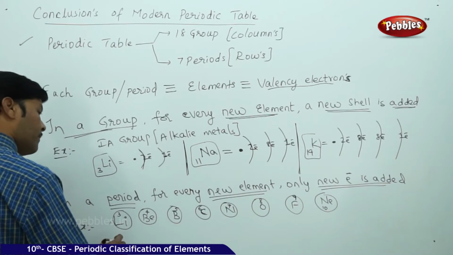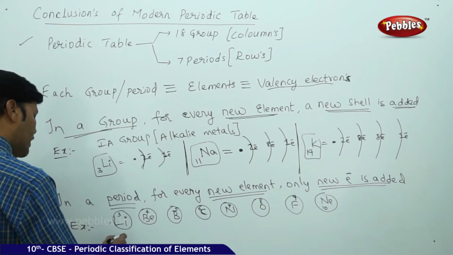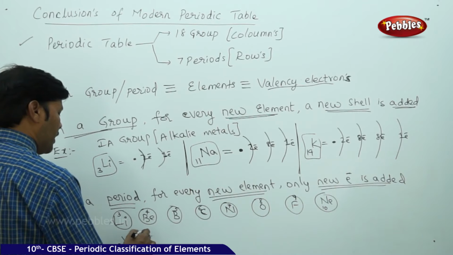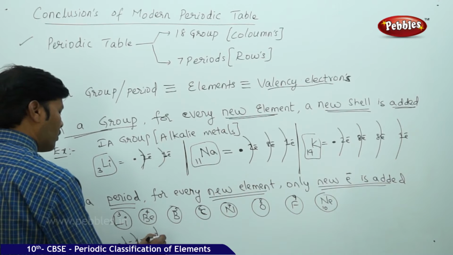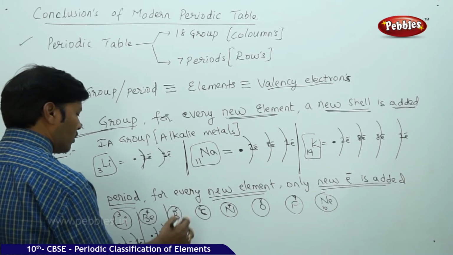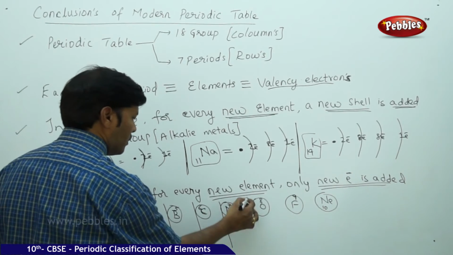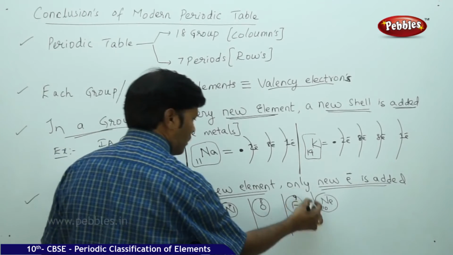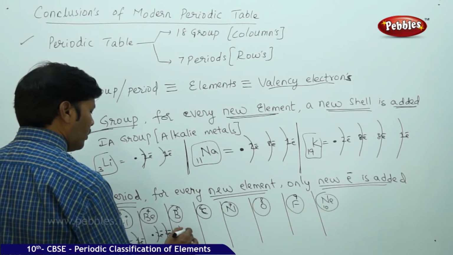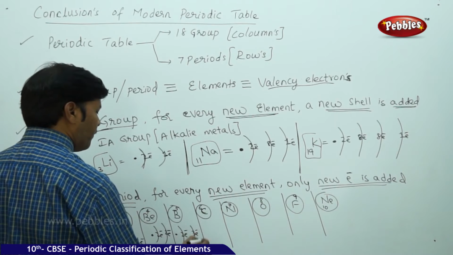Particularly lithium: nucleus, first orbit 2 electrons, second orbit 1 electron, only 2 shells. Again beryllium, 2 electrons and 2 electrons. So you are finding that for every new element, only a new electron is being added.